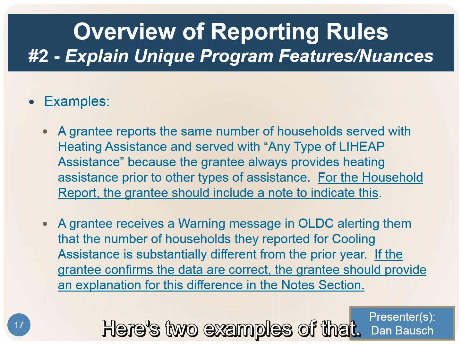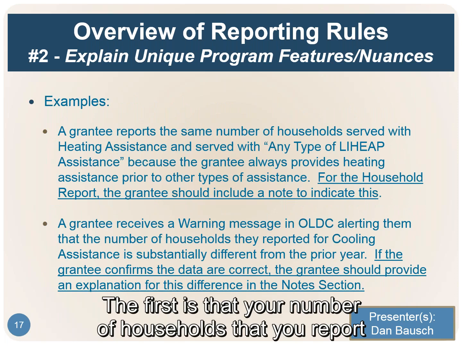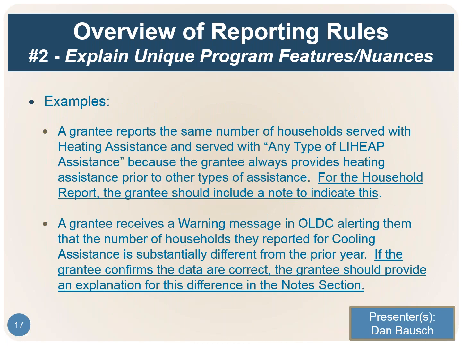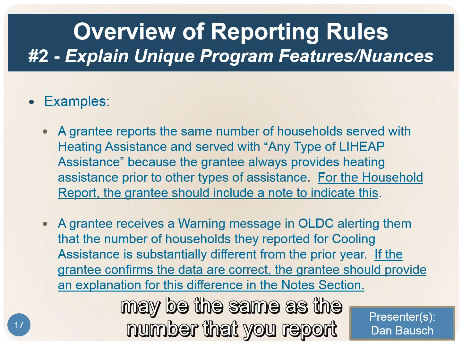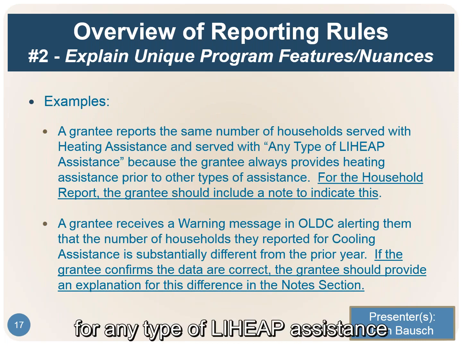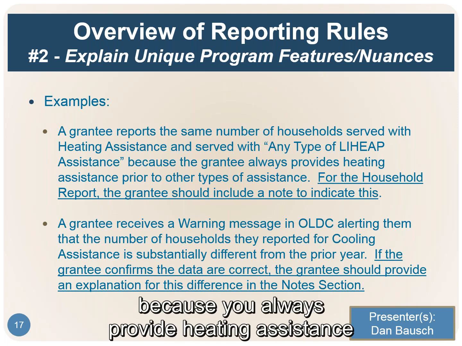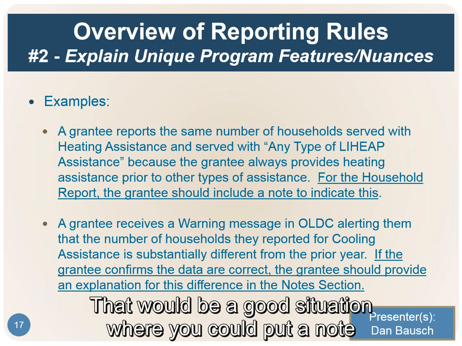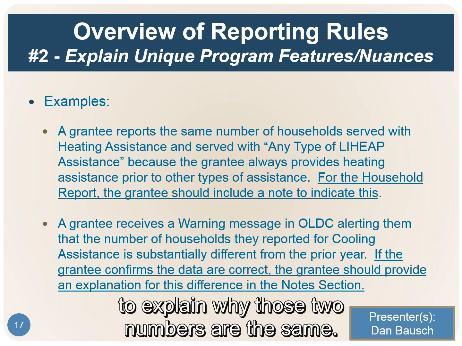Here are 2 examples of that. The first is that your number of households that you report as receiving heating assistance may be the same as the number that you report for any type of LIHEAP assistance, because you always provide heating assistance prior to other types of assistance. That would be a good situation where you could put a note to explain why those 2 numbers are the same.